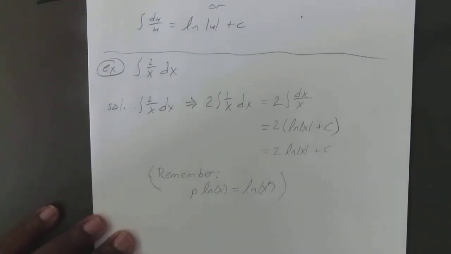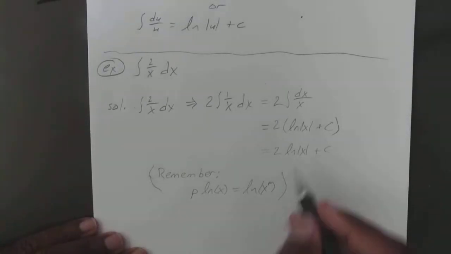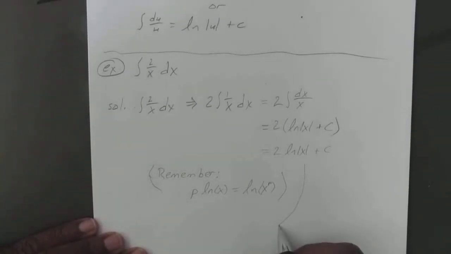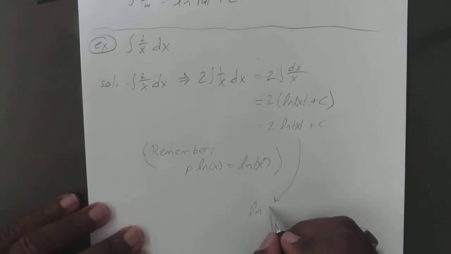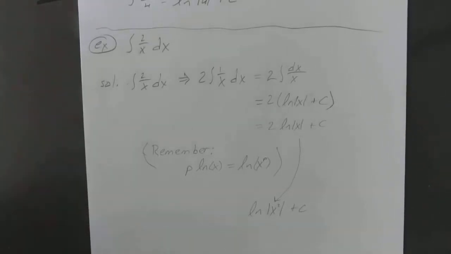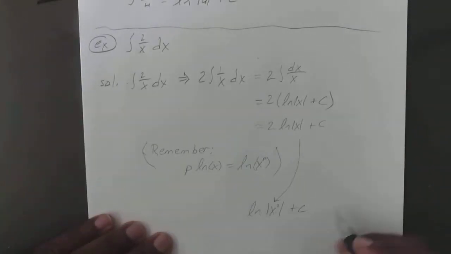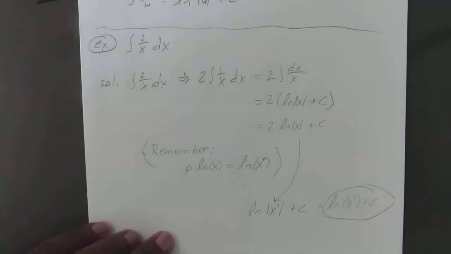Just those old rules that you probably forgot about. So this one can actually become natural log of absolute value of x squared plus c. And since x squared is always going to be positive, you don't really need the absolute value sign there. So you can just make it natural log of x squared plus c.